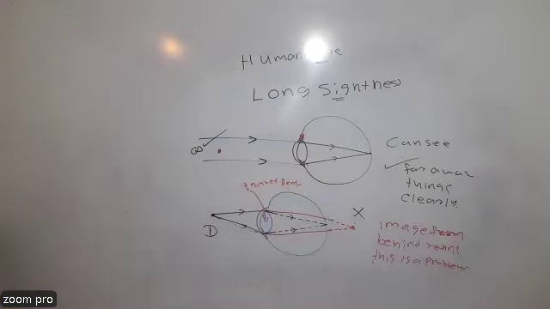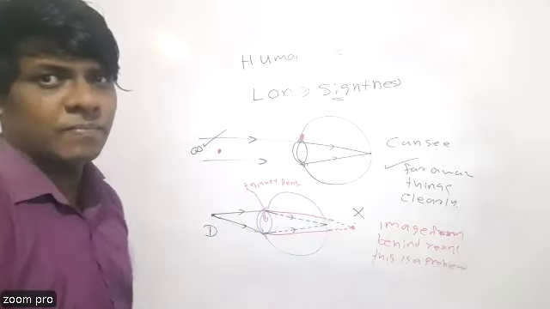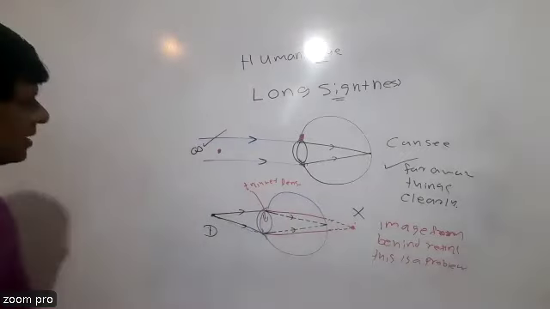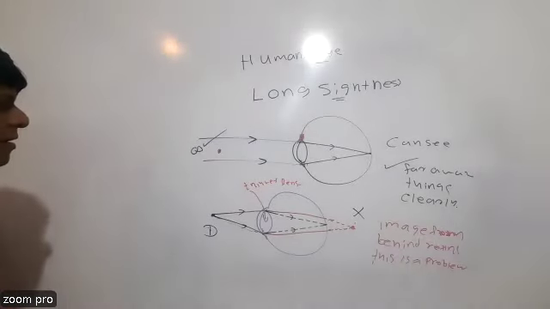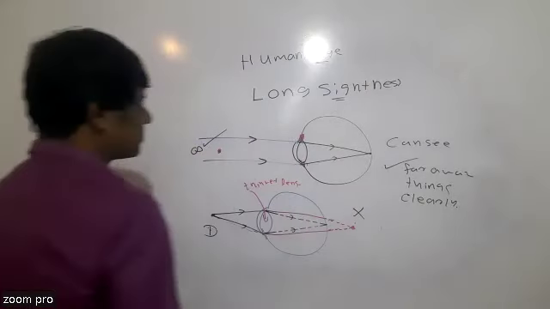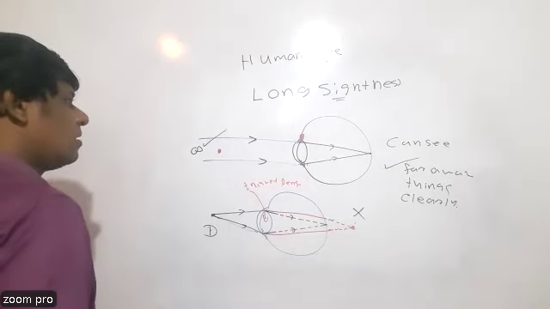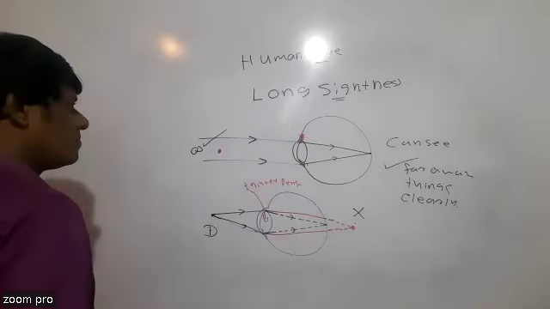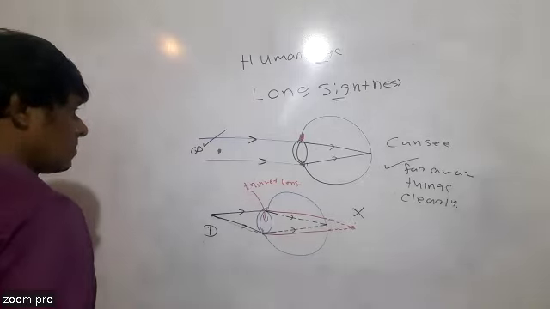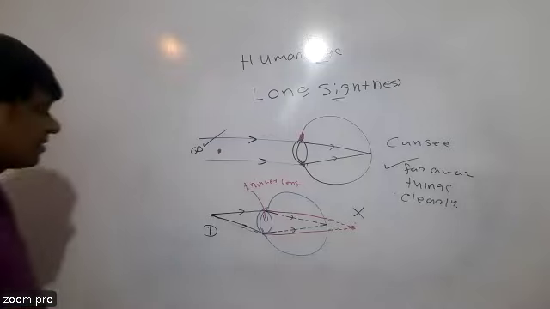Thinner lens is the reason behind this. Now write in a new line quickly: thinner lens, unable to bend.